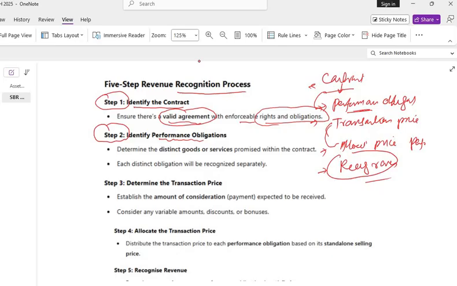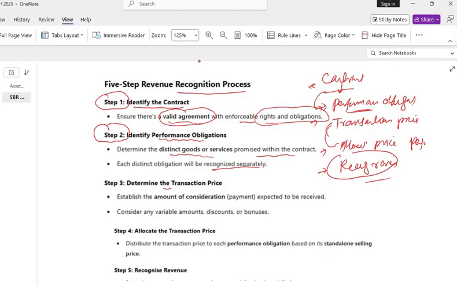Once you identify the contract, then you will determine the distinct goods or services. We'll discuss this later. Their promise within the contract, you have to check the performance obligation, and then each distinct obligation will be recognized. So if there are distinct goods and services, you have first to identify, and then you have to separately recognize them.